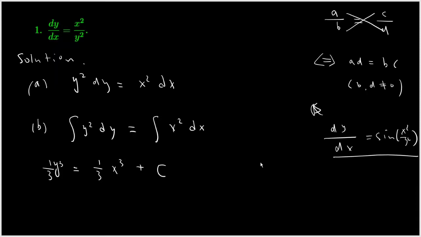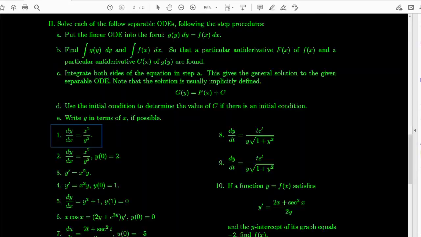So we're done step B. I will show you the meaning of step B. In step B, you find the integral of the function g of y and the two integrals. Actually, we are done step C already. So do you see we are done C already?